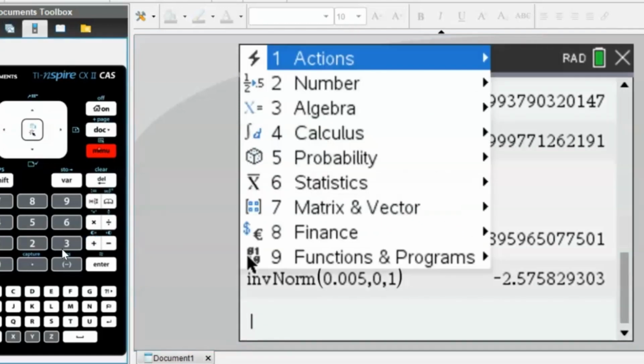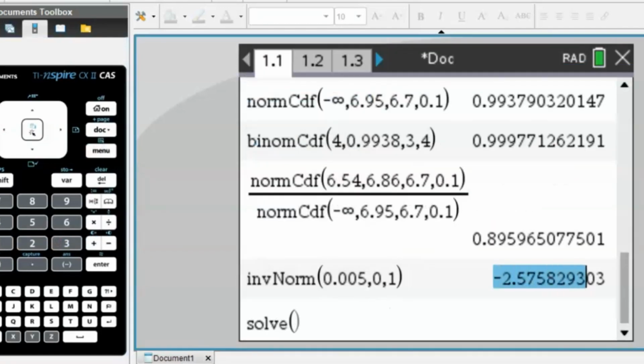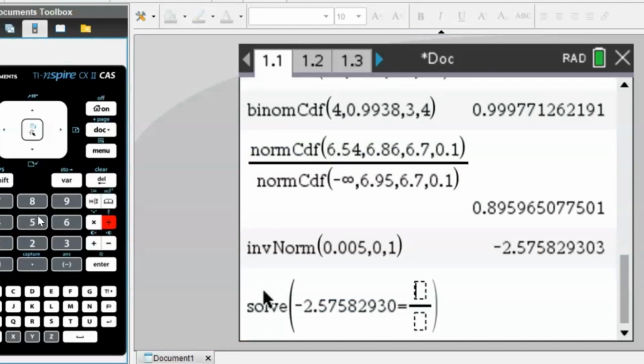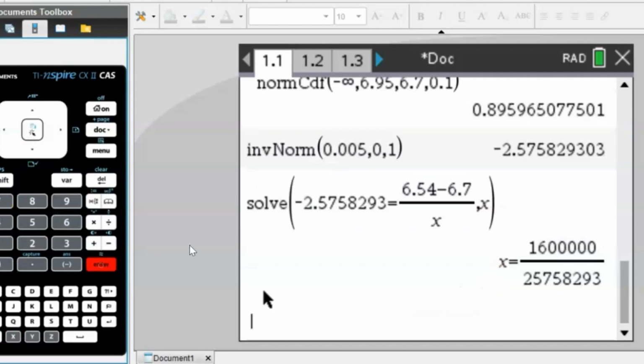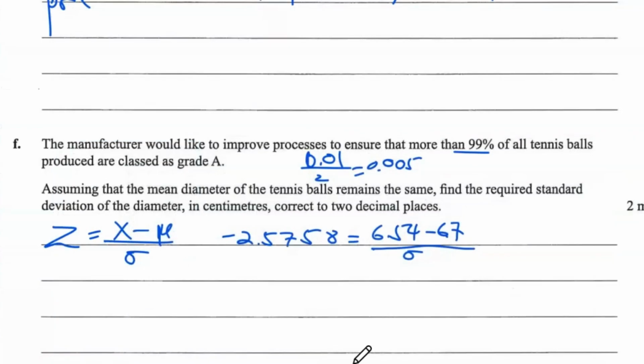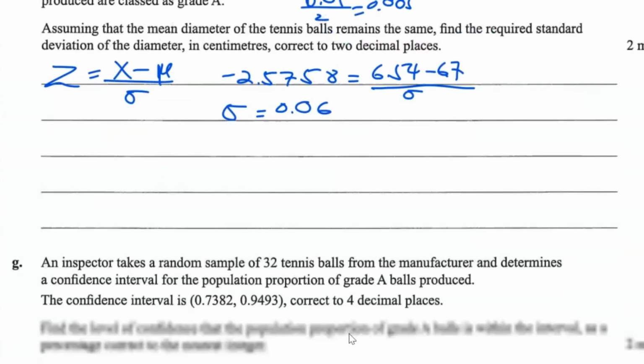Solving that, and that gives me 0.06. So the standard deviation is 0.06.